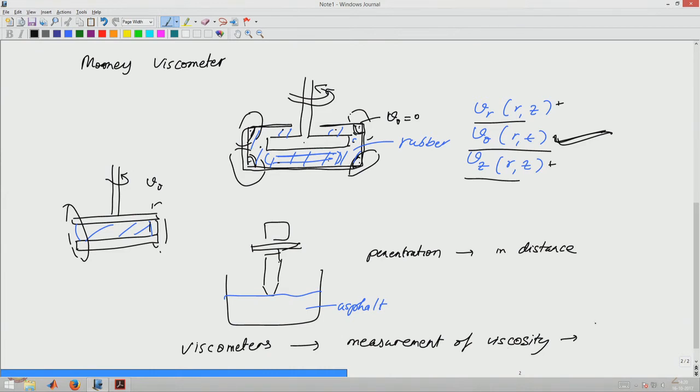That implies we are looking at constant strain rate and constant stress. So, only these properties are usually measured using a viscometer.